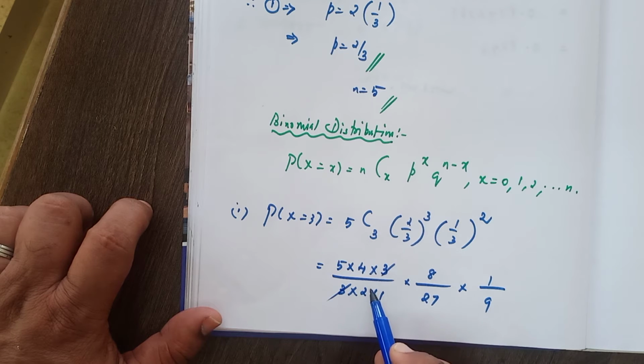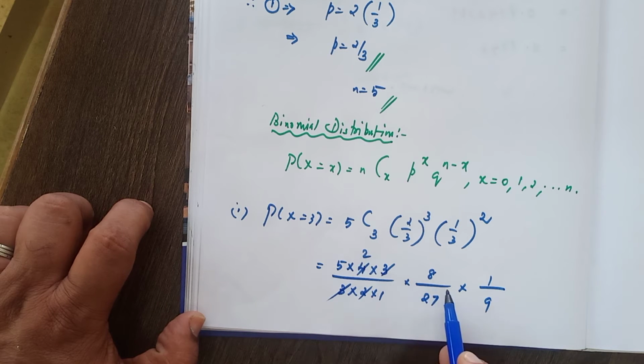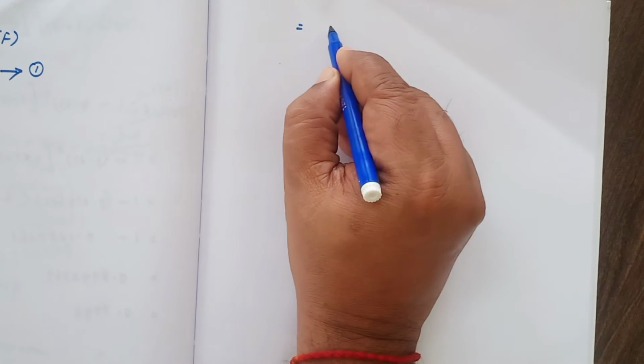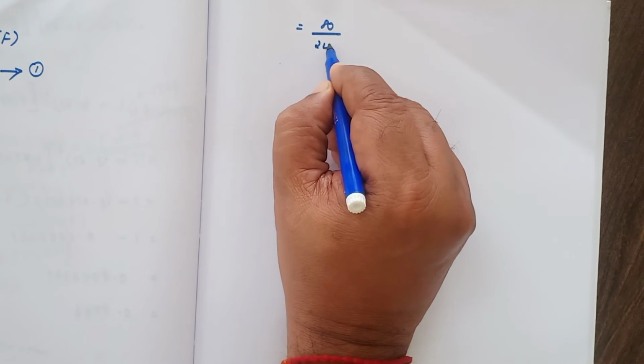3 gets cancelled, 2 times 2 times. Now we can multiply: 5 2s are 10, into 8, 80, 27 into 9, that is equal to 80 by 243.